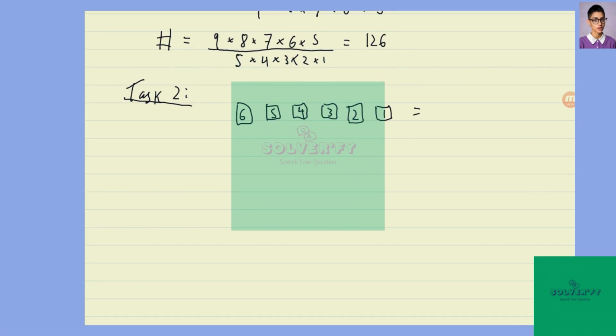So we're multiplying all of that together. 6 factorial is going to be 720. So the total is going to be 126 times 720, which will give us 90,720.